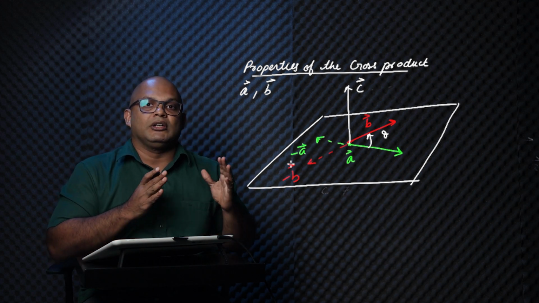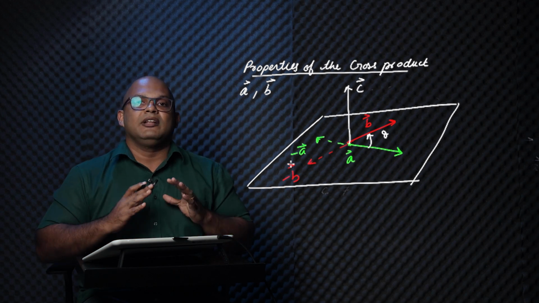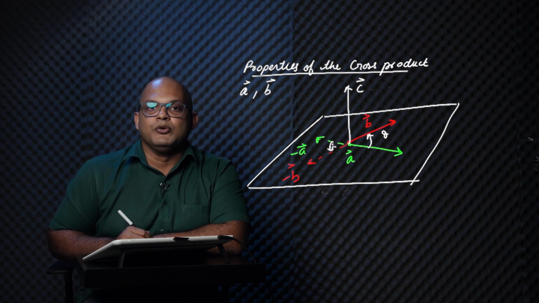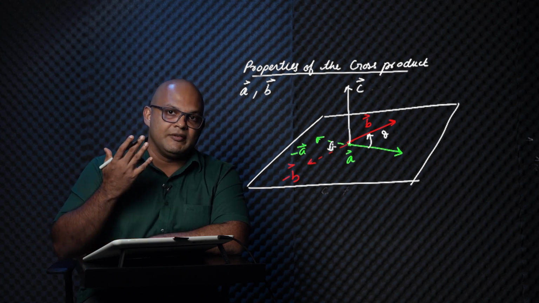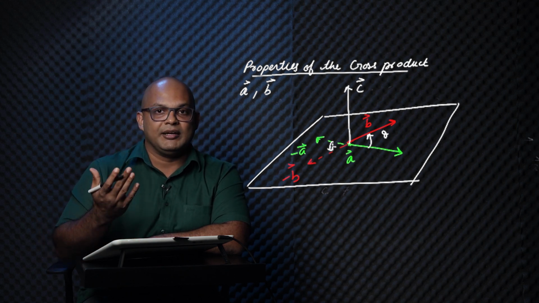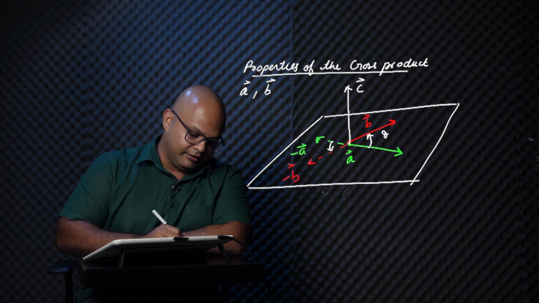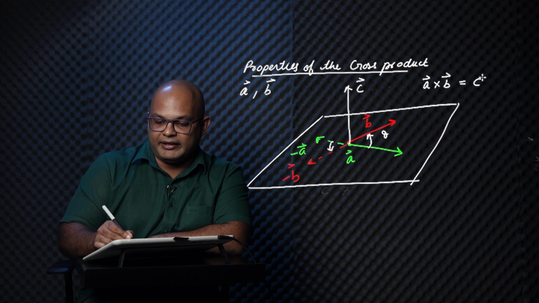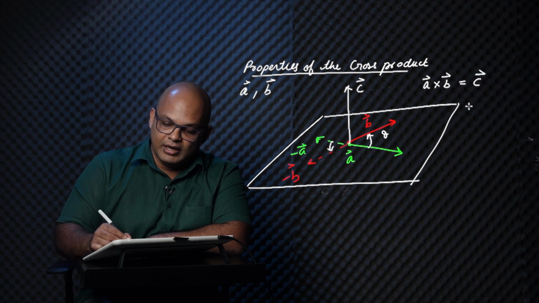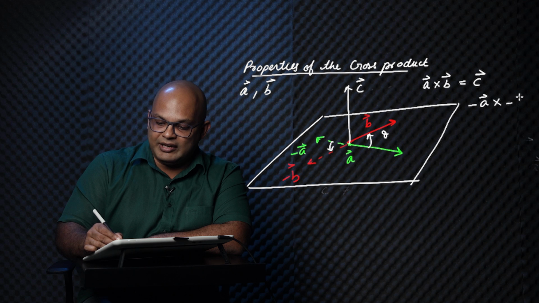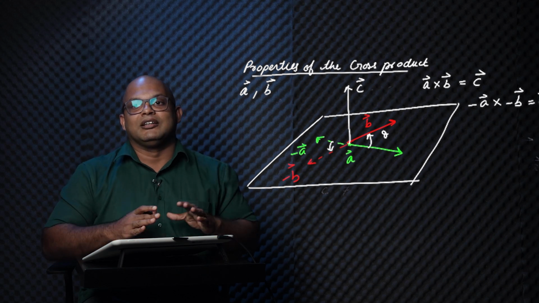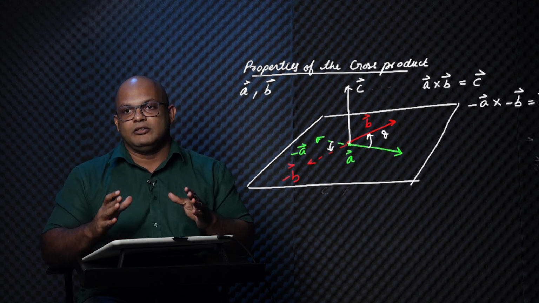These are the negated or reflected versions of A and B. Even in that case, their cross product will remain exactly the same in magnitude and in direction. Again, you will get the same vector C with the same magnitude pointing in the same direction. Mathematically, I can say that if A cross B gives me vector C, then in that case, negative vector A cross negative vector B will also give me vector C. So the cross product remains unchanged under reflection of both the participating vectors.